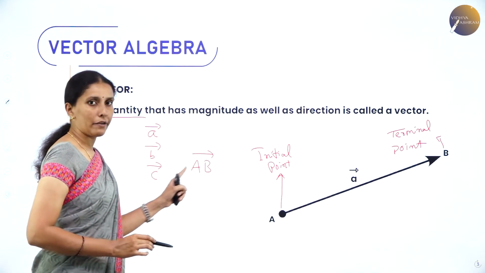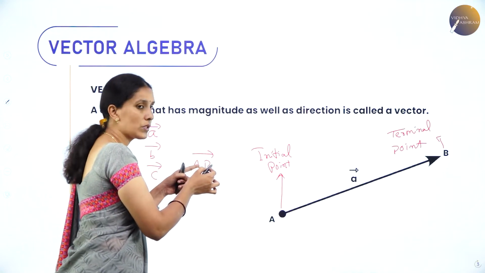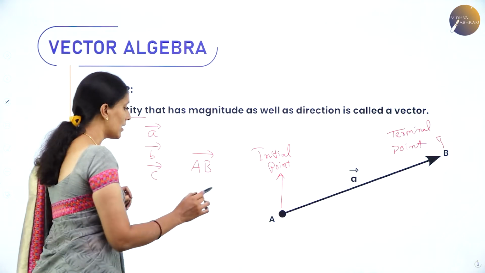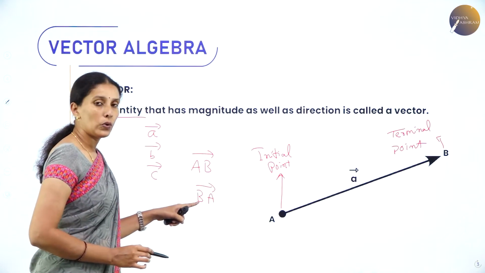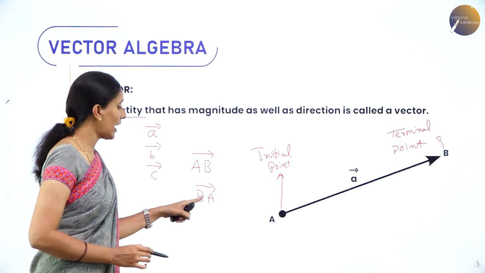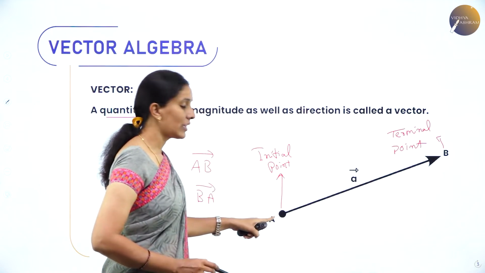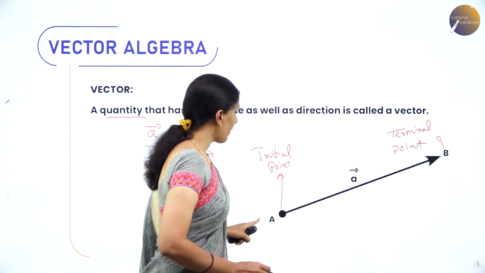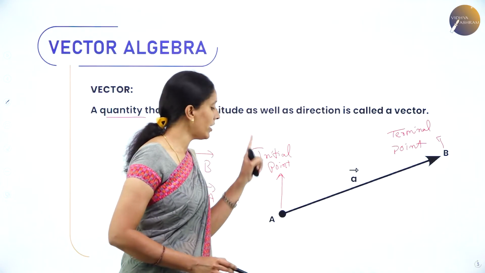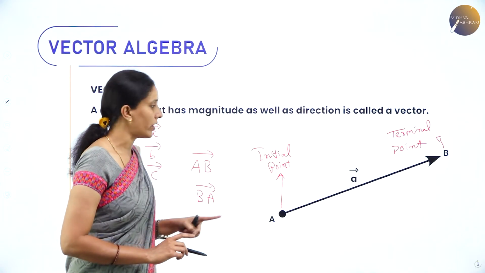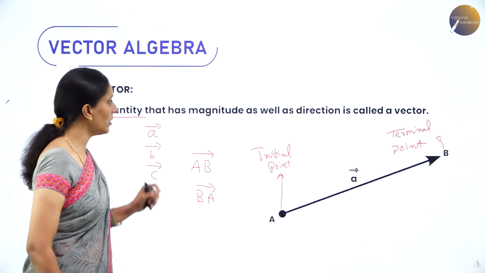AB vector denotes that its initial point is A and its terminal point is B. Suppose I write BA, then its initial point will be B and its terminal point will be A, and the arrow mark will shift to this side. So AB is a vector from A to B, and when I say B to A, B will be the initial point and A will be the terminal point. These are the symbols we use to denote vectors.